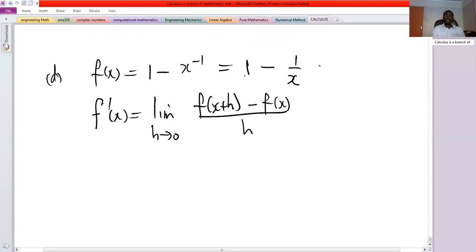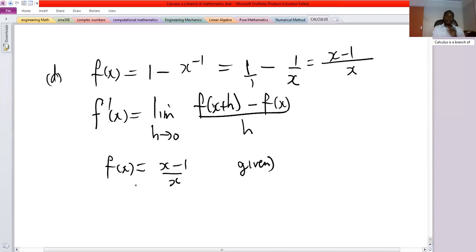So let me just put this one under one LCM. So I have x minus 1, so f of x will be x minus 1 over x. So this is already given. So that's what you have.